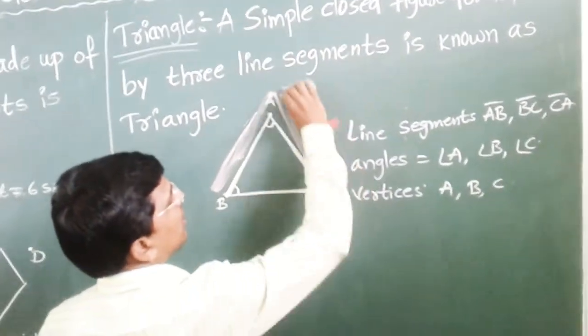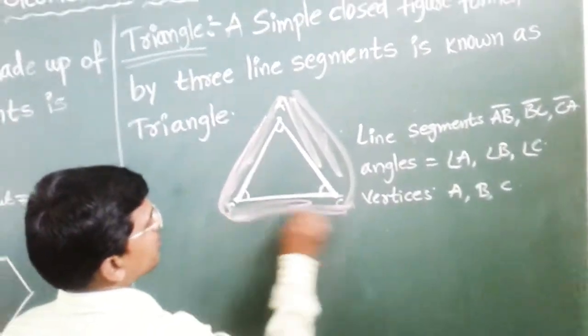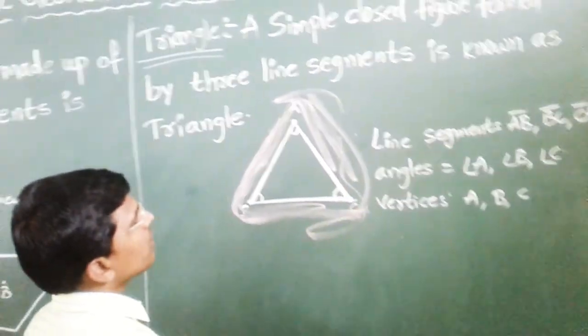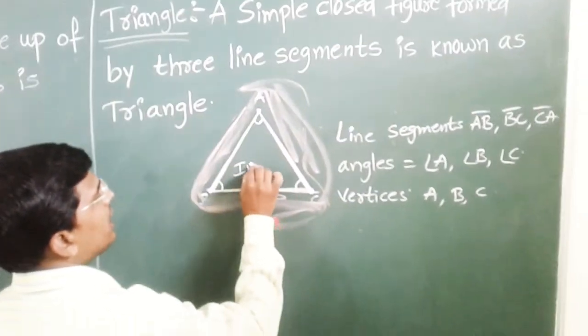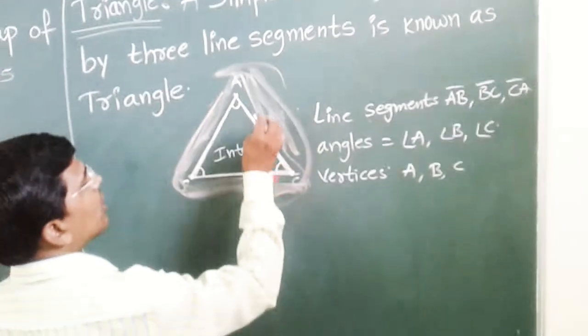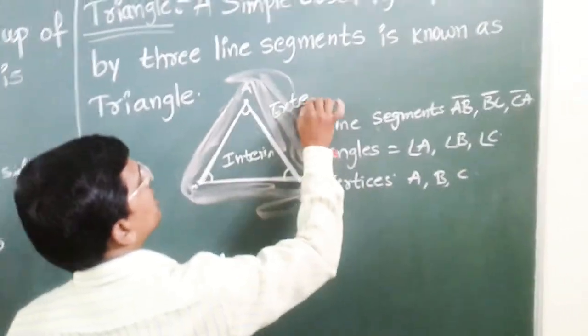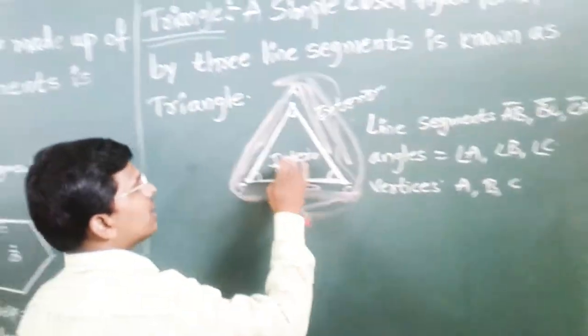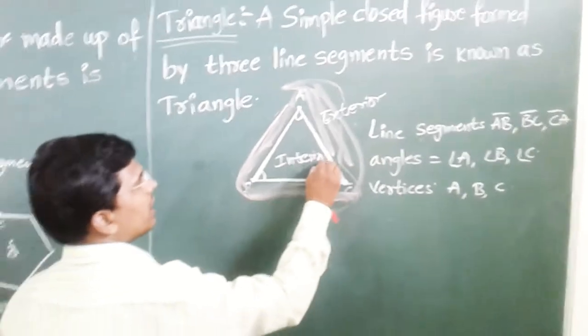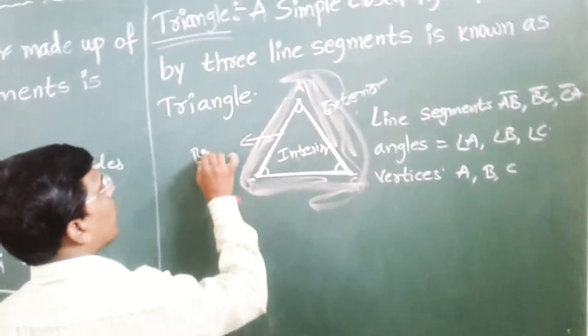This is known as the exterior region, and this is the interior region. This red color zone is known as the exterior, inside of this triangle is known as the interior, and this is known as the boundary.